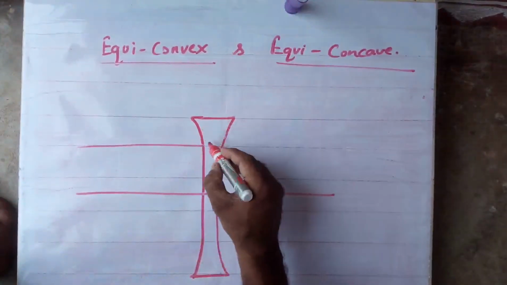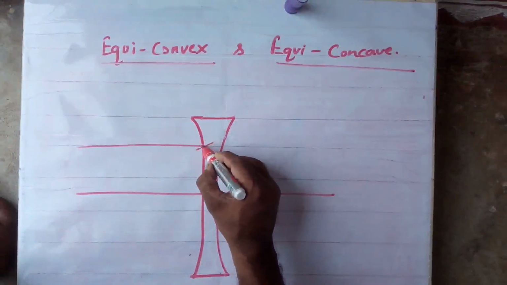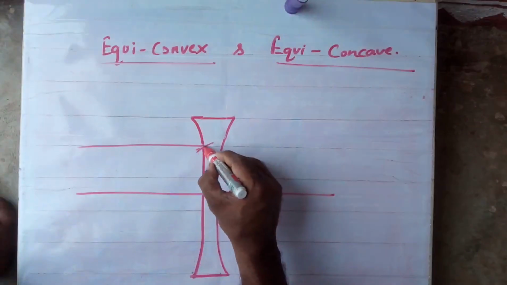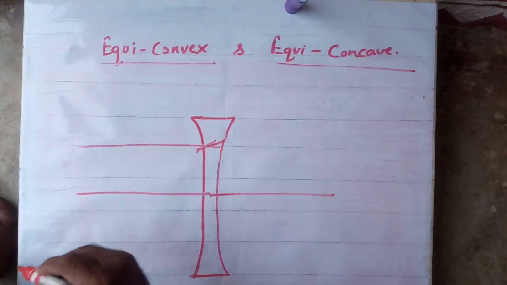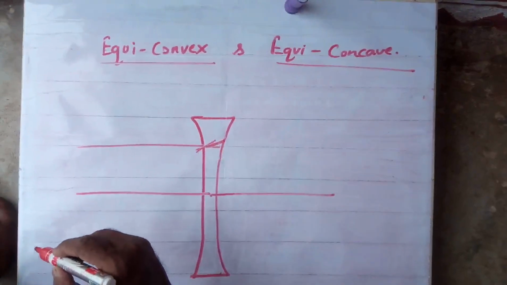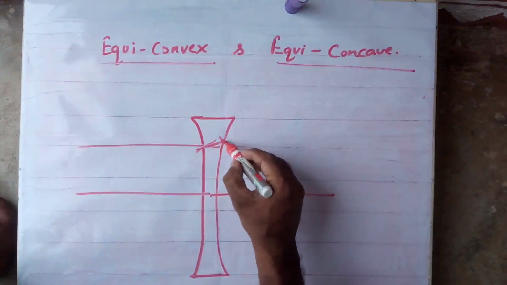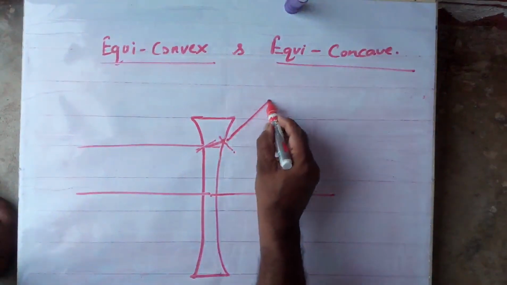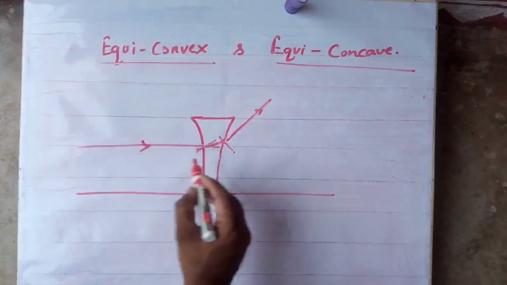First surface, what will happen? This is the normal. Going from rarer to denser, it should go straight, but it will bend here because it is going from rarer to denser. Yes. At the second surface again it should go away from the normal. That is denser to rarer. In this way, the ray diverges.